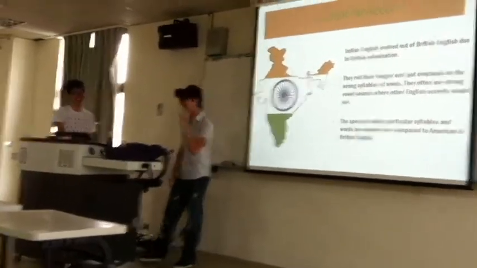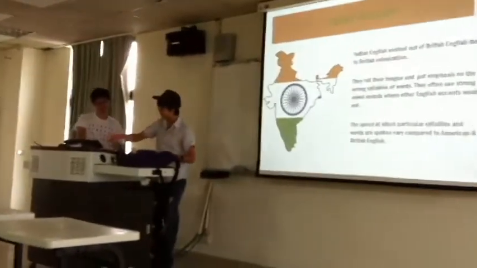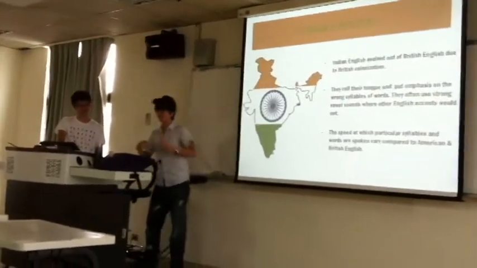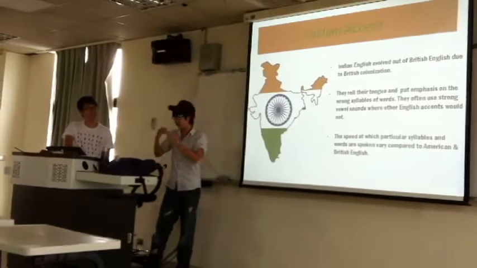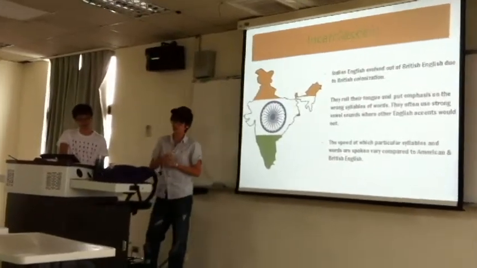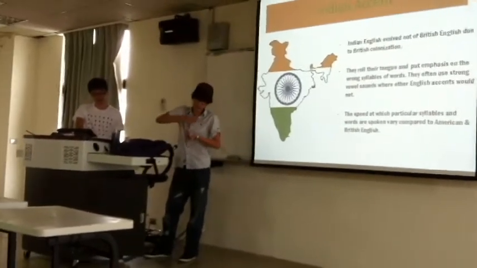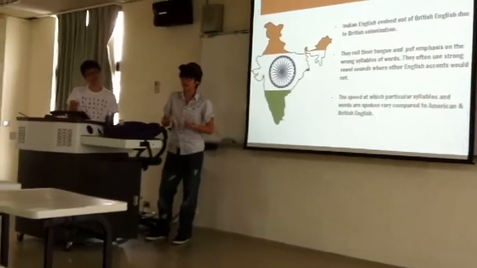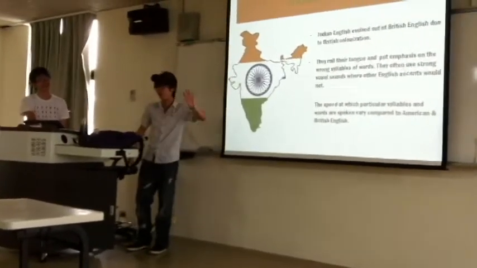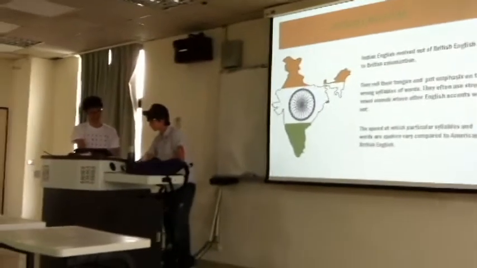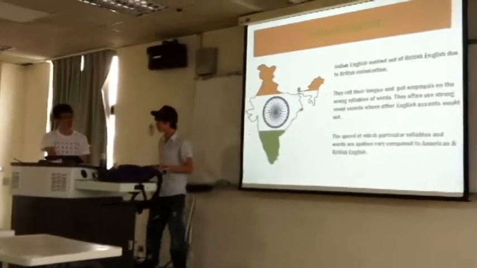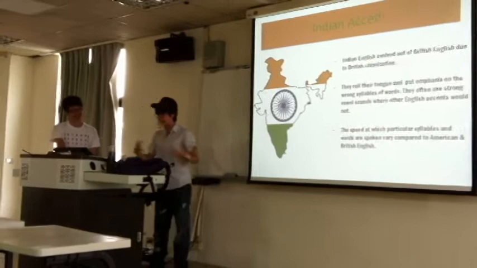Indian accent is like British English spoken in a weird rhythm. It's basically British English, but they sound different the whole time. I'm going to read this sentence with the Indian accent.